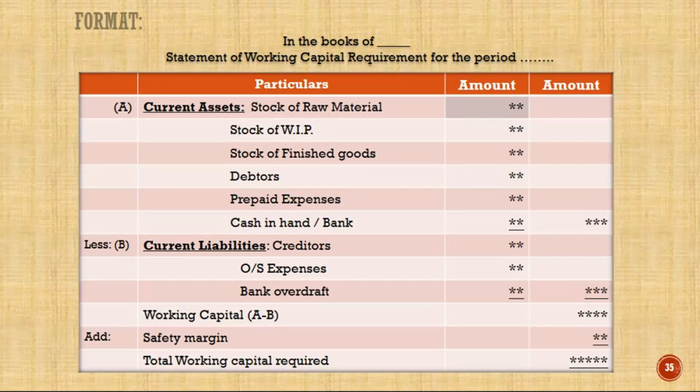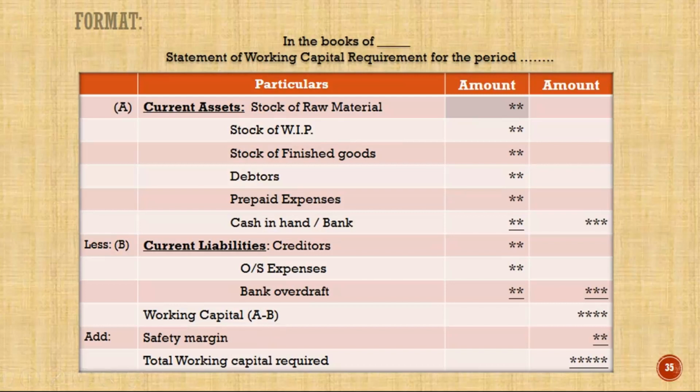Then bank overdraft, the facility which is provided by the bank for the business firms. Again, the same case, we have written all the amounts in the inner column and carried the total of current liability to the outer column. Then in the next row, you can see working capital, that is A minus B.